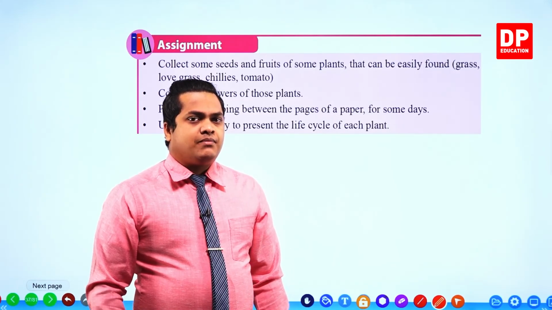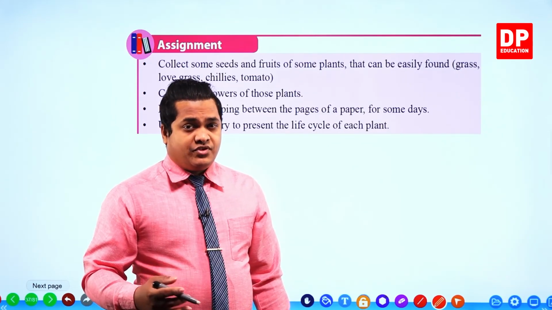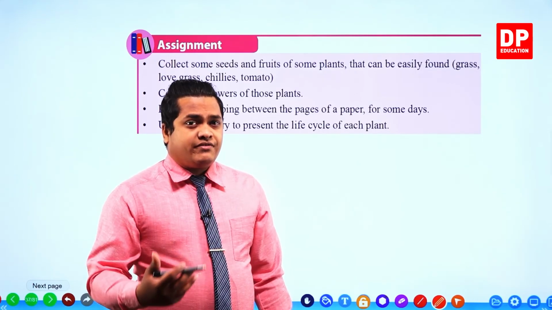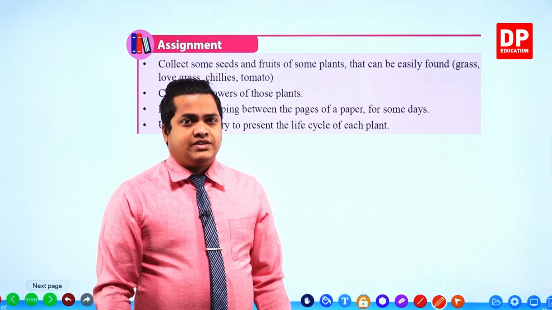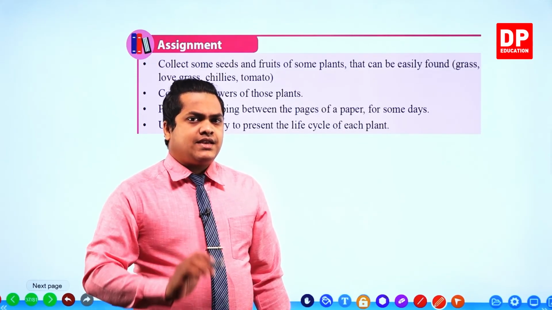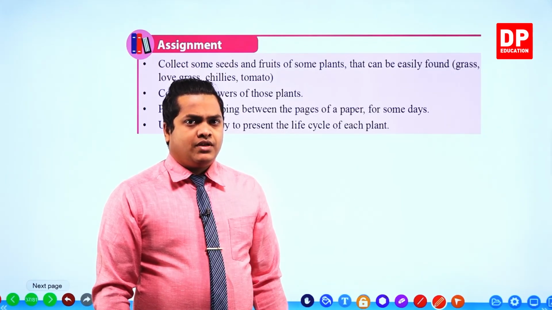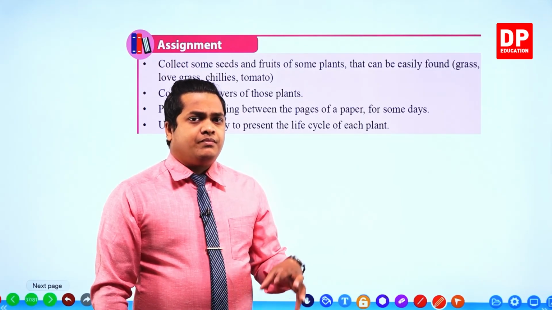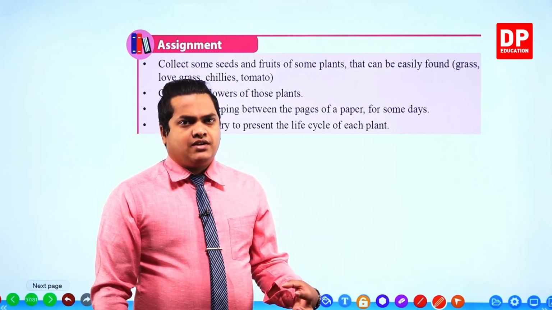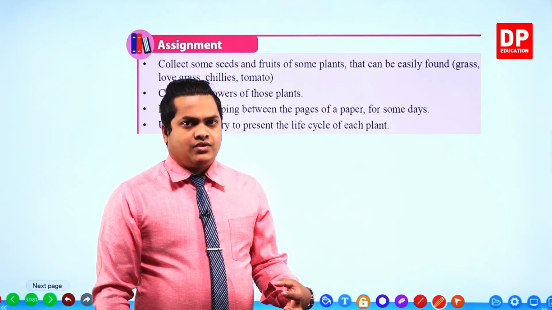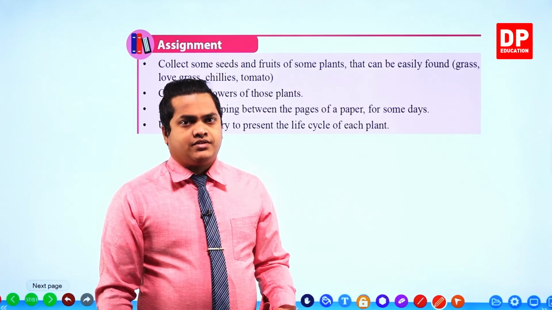Find some plants which are easily grown and which give flowers quite fast. Then it would make the work much easier. Conduct this activity within your home, do this assignment at your home, and present the life cycle of these plants. I hope that you will conduct this at your home, my dear children.